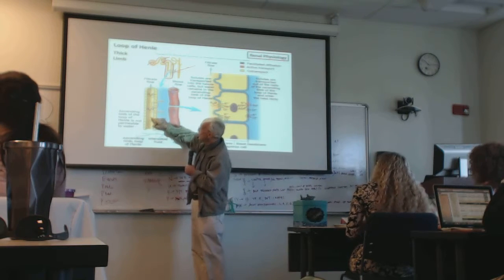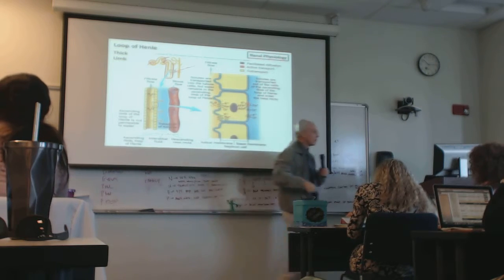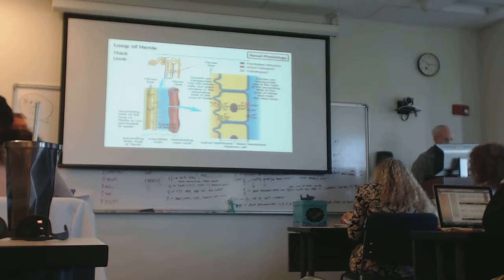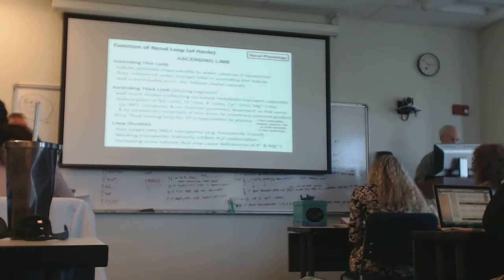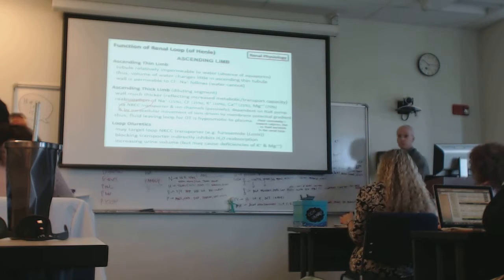And of course, all of those particles, all of those ions and various other substances, but mostly how this works is by means of a transporter we've already talked about. This one. Remember the NKCC?